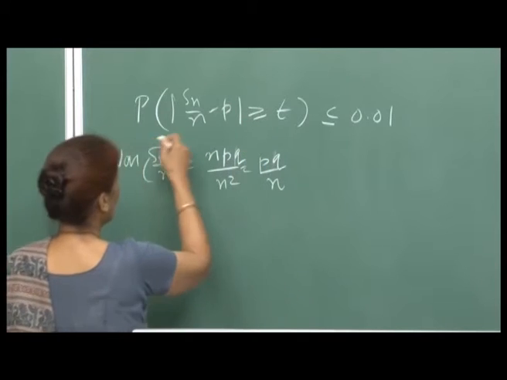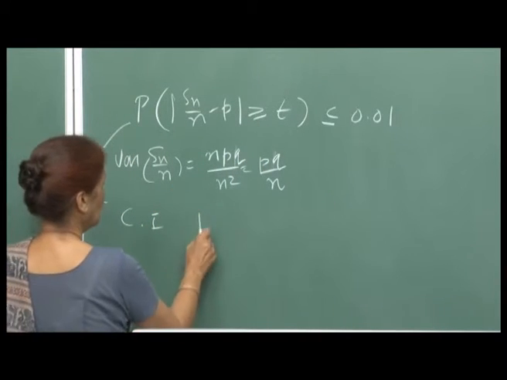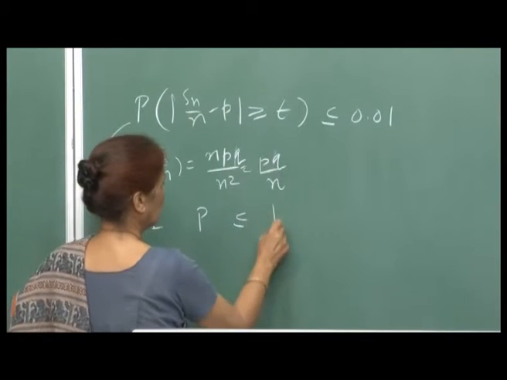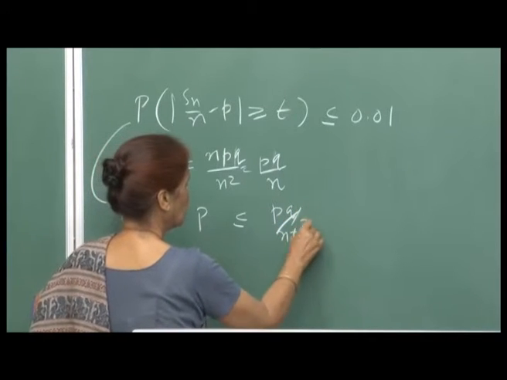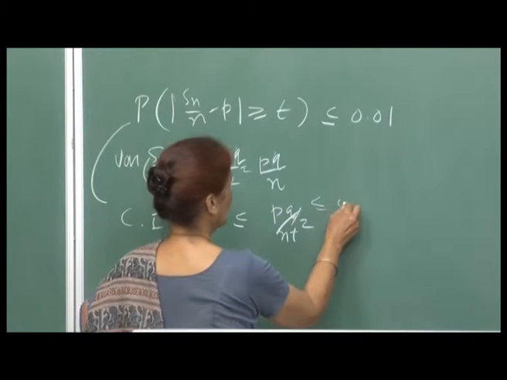Therefore, by Chebyshev's inequality, this probability is less than or equal to pq by n t squared, and this you want to be less than or equal to 0.01.